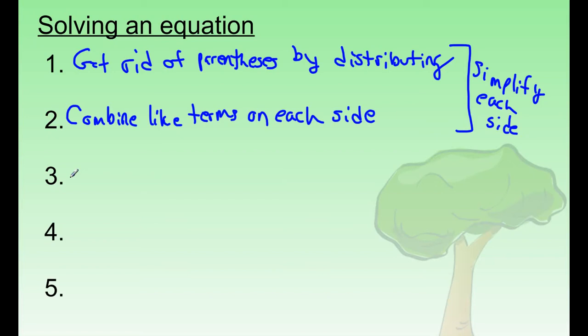Step number 3. So once you've got rid of your parentheses and you simplified each side as much as you can, well, we'll skip step 3 for a second. Step 4, we remember from the previous lesson, was to get rid of the other terms by adding and subtracting.